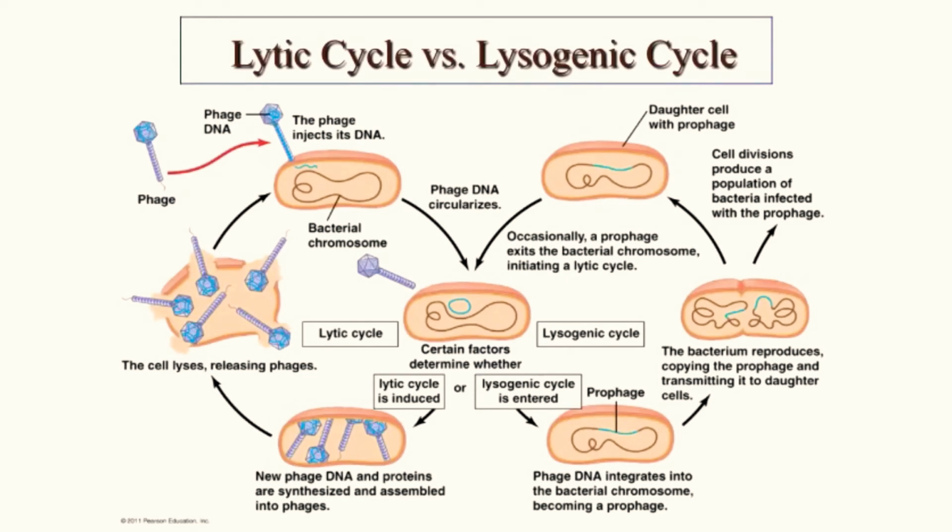In those 14 days, it infects the cell of its host, and then it injects its own DNA into the cell and puts it into the cell's DNA, so that when the host cell duplicates itself, it makes a copy of the virus's DNA, which is dormant.